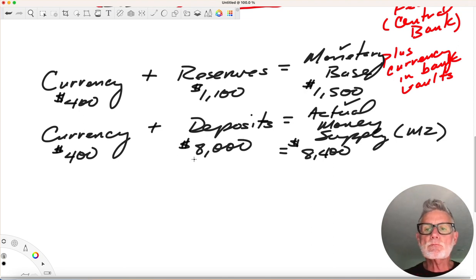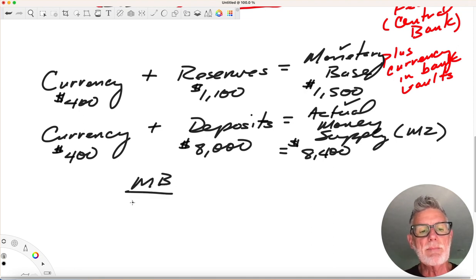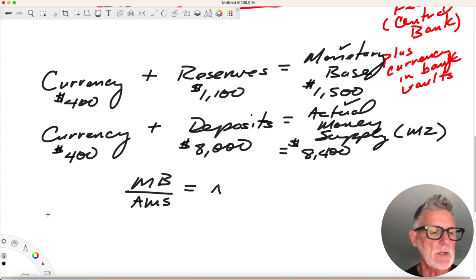All right, now, if you take the actual money supply and divide it by the monetary base, you're going to get the money multiplier. We can actually calculate the size of the multiplier effect. So let's go ahead and do that. So monetary base divided by the actual money supply equals the actual, I'm not going to call it the actual money multiplier.